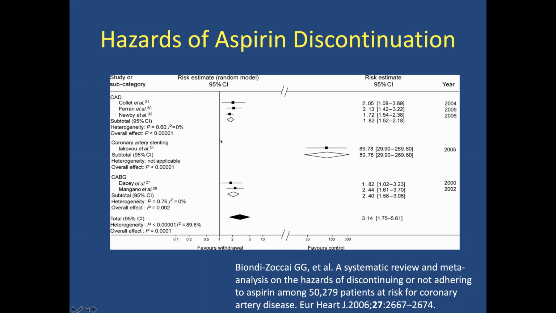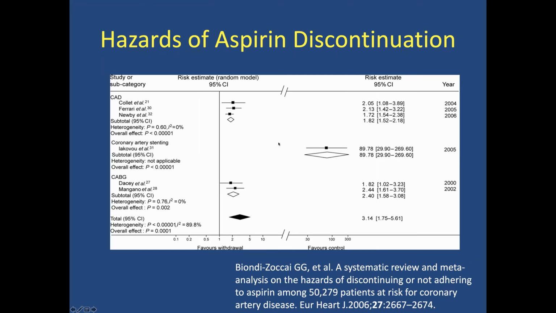So you can see that the rate of vascular events were increased in those patients who discontinued aspirin. The rates were elevated in patients with prior coronary disease, stable coronary disease, and CABG, but the rates of vascular events were particularly increased in those patients who had undergone previous coronary artery stenting.